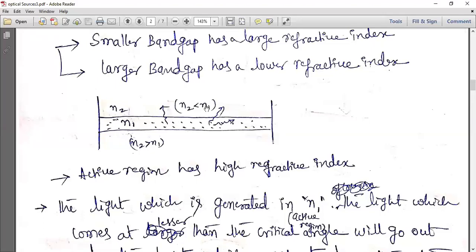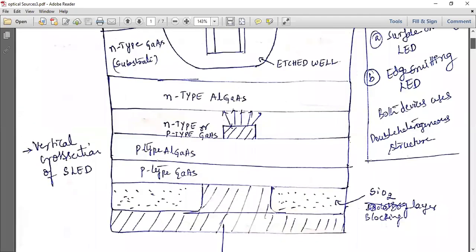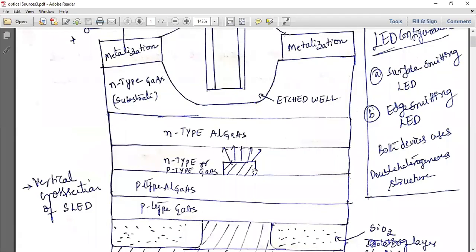If the light is confined within the region, it will propagate here itself and come out if there is an opening or an edge. If there is no opening, it will keep propagating here itself. That is what we don't require in this case. We require a surface emitting LED, and we have made an opening here. If you see the diagram, we have made an opening here. The light has to come out here, not here. If it comes out here, it is called an edge emitting LED, on the edges.